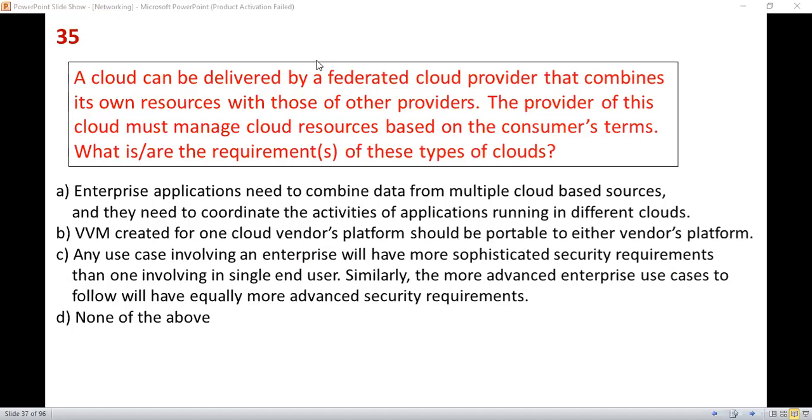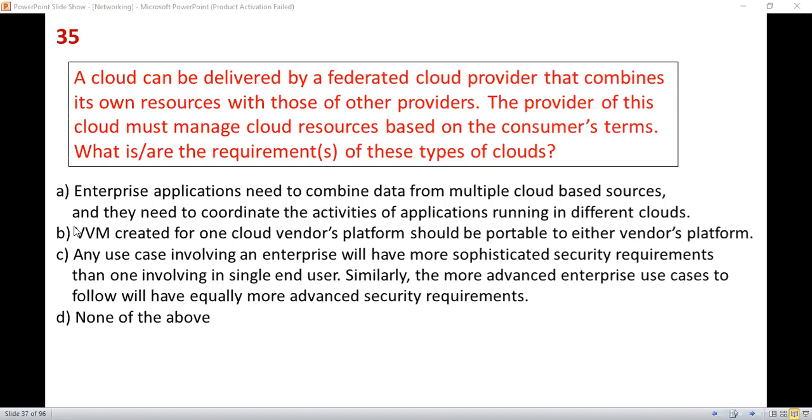And the options you can see on your screen: enterprise applications need to combine data from multiple cloud-based resources, and they need to coordinate the activity of applications running in different clouds.